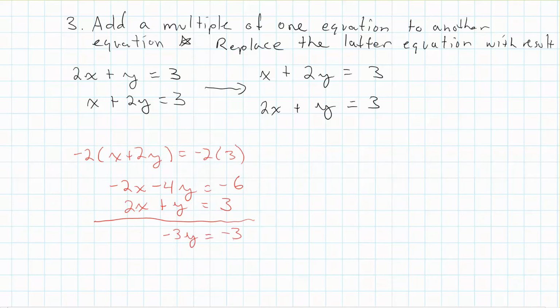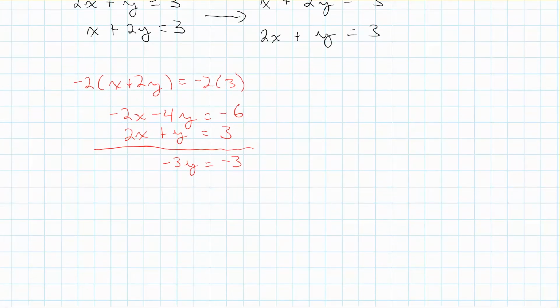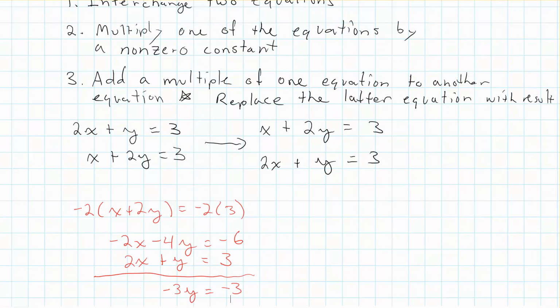Now you might say, okay, I know what y is at this point, but I'm showing you row operations here. So I'm going to just leave it like that for now, and rewrite this system, because what row operation did I do here? I did this third one. I added a multiple of one equation to another, and then I replaced the latter equation with the result.